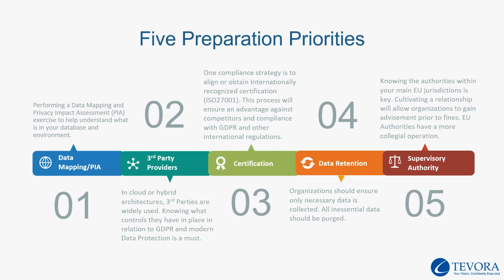The first one is data mapping and the PIA, which is a critical component and what we're talking about today. You also have the discussions around who your third-party providers and processors are, any particular certifications or frameworks you want to align to, data retention strategy, and then understanding who your particular supervisory authority or enforcement authority is. We're more used to it being called that here in the United States.